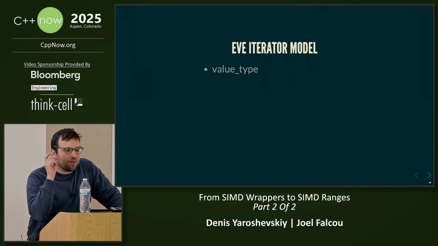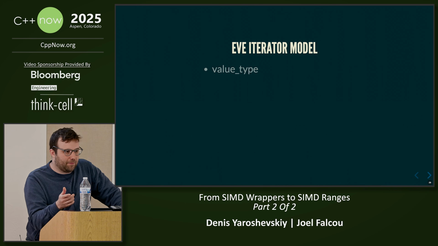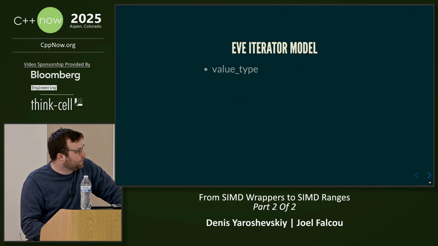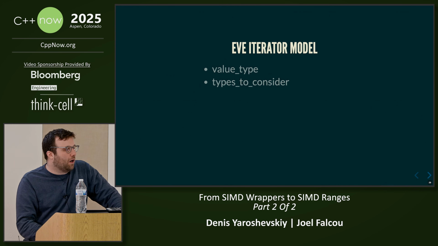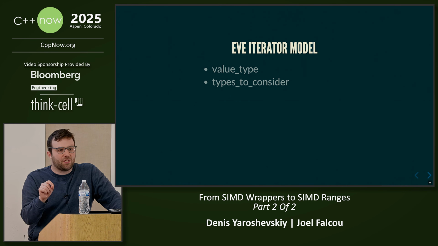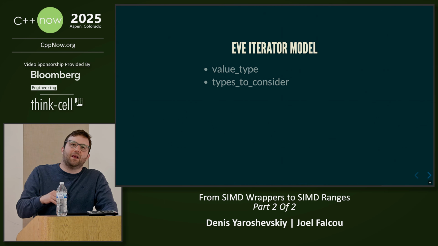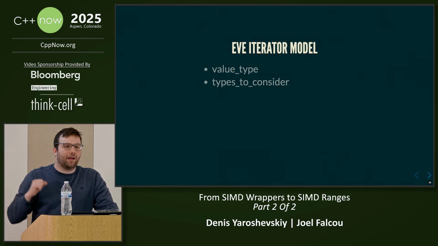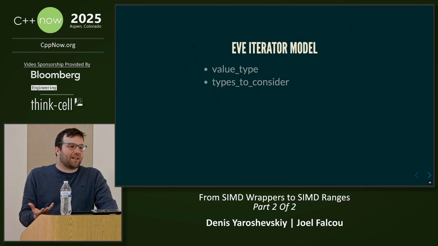What do we have? We can ask for a value type. This is the same as the standard iterators' value type. On top of just value type, we can ask for all of the types to consider. Imagine if you converted from doubles to ints. In this case, standard doesn't care.